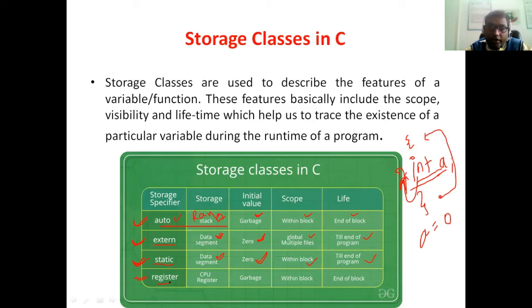If you want to declare a variable under the register storage class, you need to use register as a keyword in front of the data type. That is register integer a, where a is a variable of register type. It means that for the variable, it will allocate the memory in the register itself.